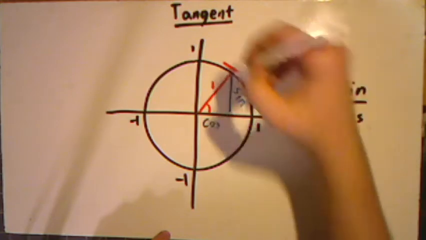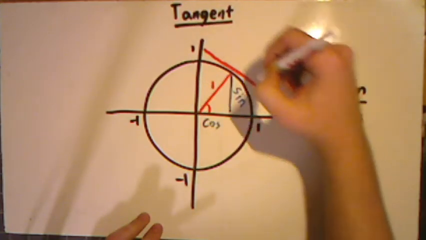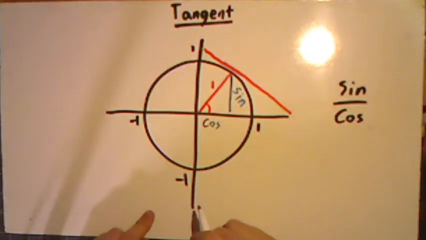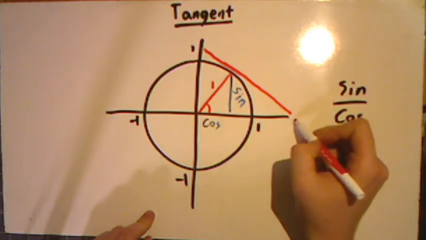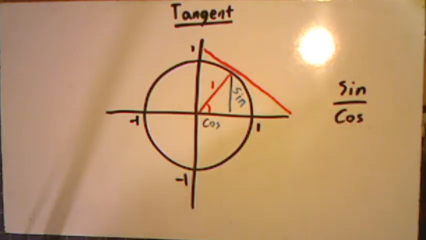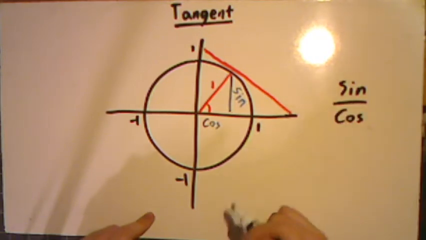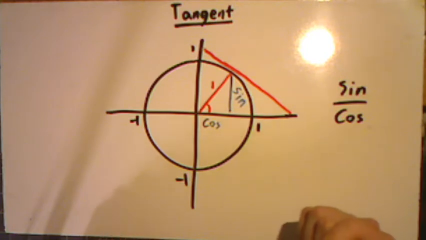Now if we were to extend this line, we could see it does two things. One, it eventually hits the y-axis. But more importantly for us, it eventually meets the x-axis somewhere. In this case, it's not too far off from 1, but as we will come to notice, it can grow very, very large.